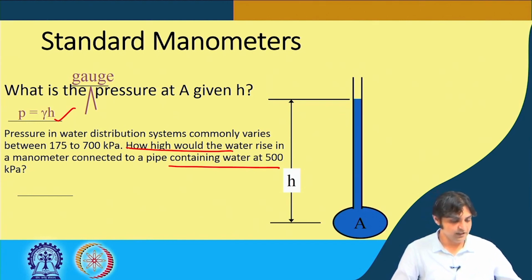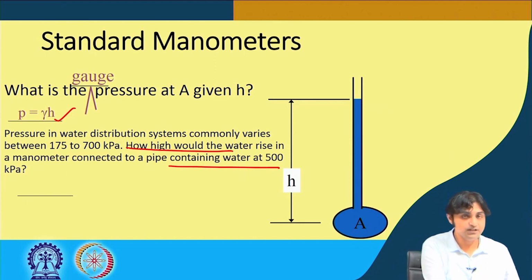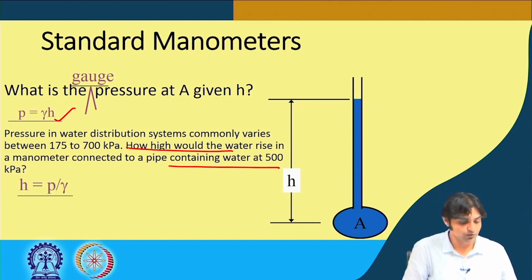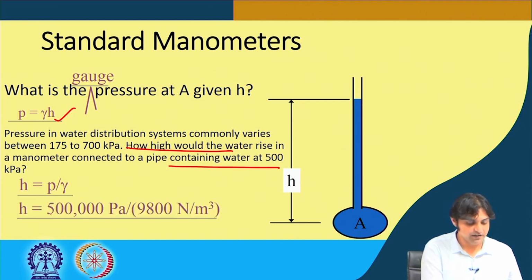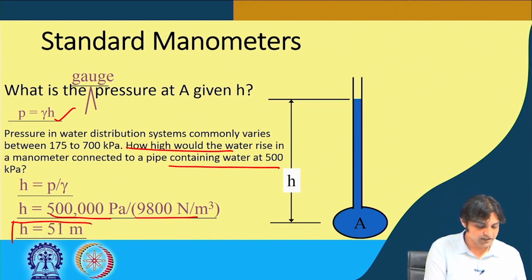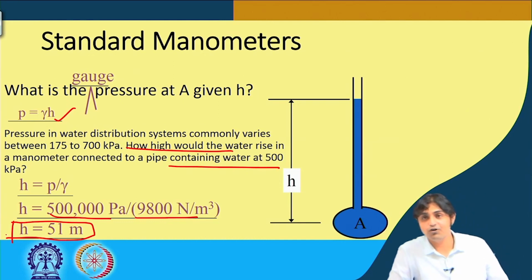So, a very simple equation, we substitute P, pressure is given, gamma we know. So, H can be written as P by gamma. P is 500,000 pascal divided by gamma, which is 9800 Newton per meter cube. So, this will give the height, 51 meters of water will rise in the manometer that has water in it. That is why, see, 51 meter is too high.